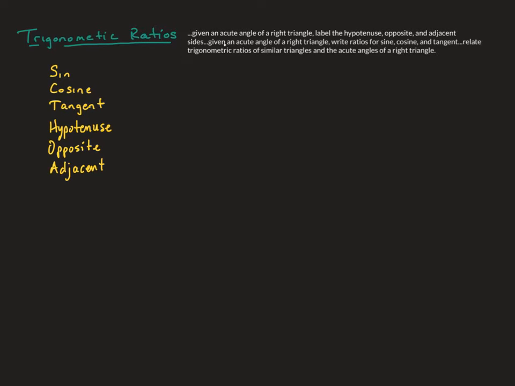I will just say that you're going to hear the phrase or the mnemonic SOHCAHTOA, and that is talking about sine, cosine, and tangent. Here is my sine, my cosine, and tangent, and we will use those interchangeably.